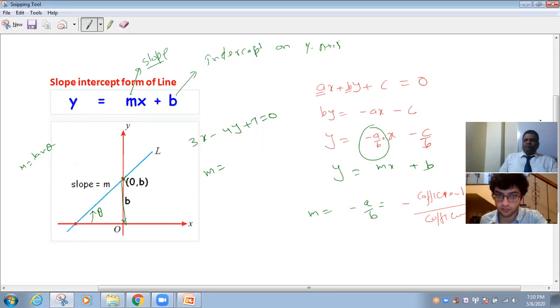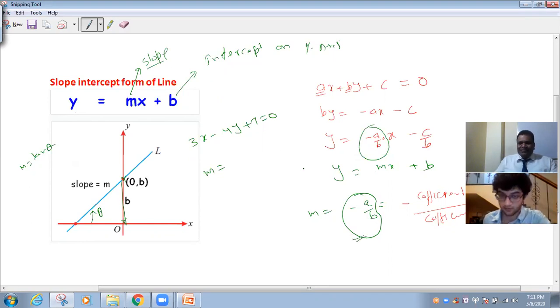Minus 4y is equal to minus 3x minus 7. That's true, but why don't you use the direct formula? You are converting, I understand, but I already converted, right?